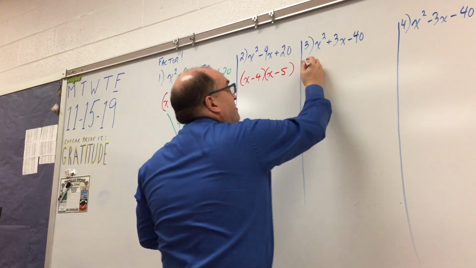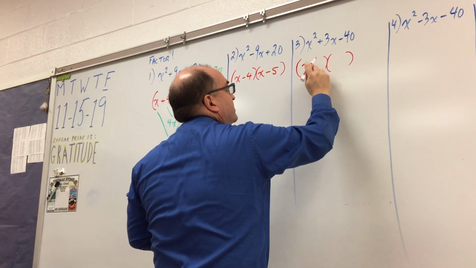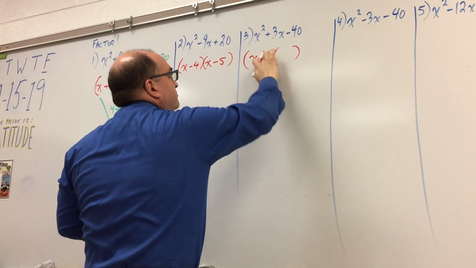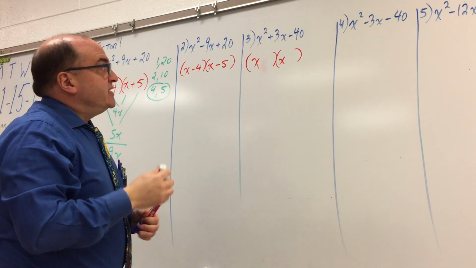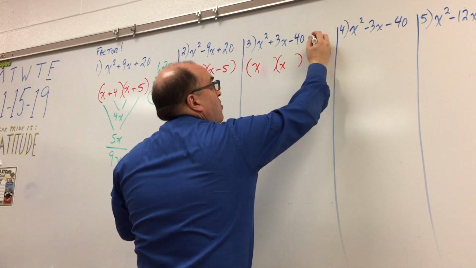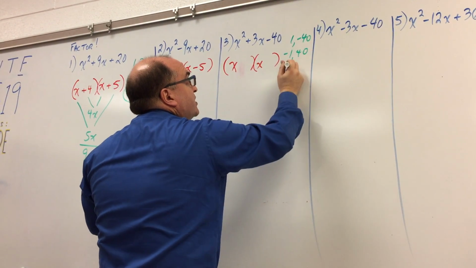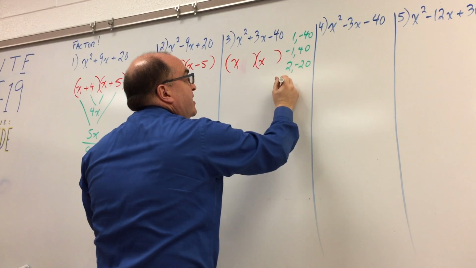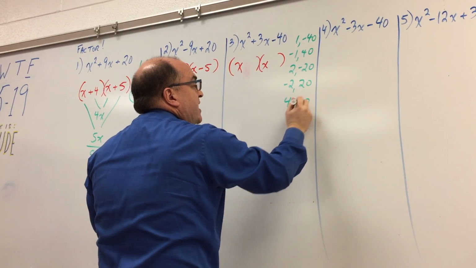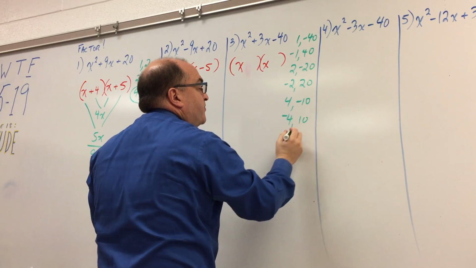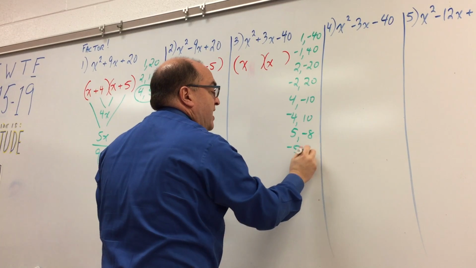Over here, what times what makes x squared would be x times x. What times what makes negative 40? Well, 1 times negative 40, negative 1 times 40. 2 times negative 20, negative 2 times 20. 4 times negative 10, negative 4 times 10. 5 times negative 8, negative 5 times 8.